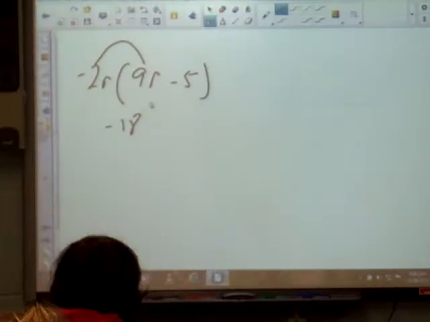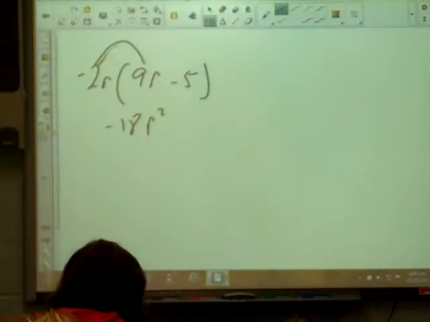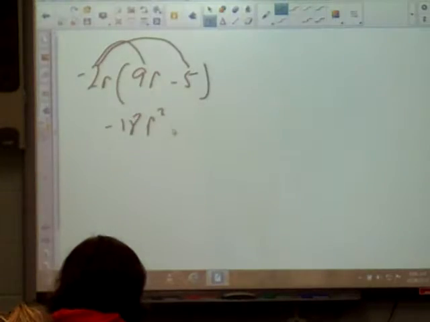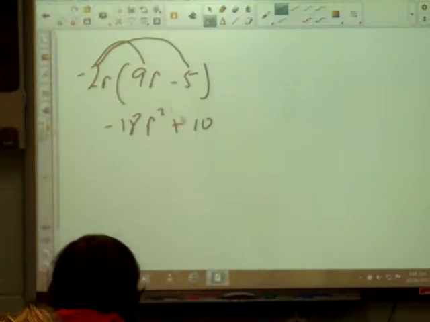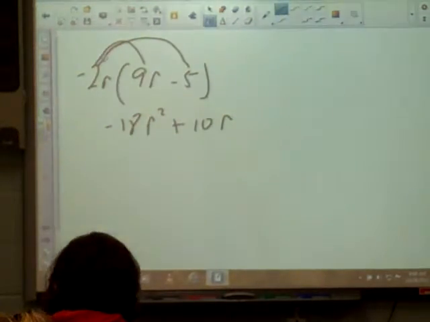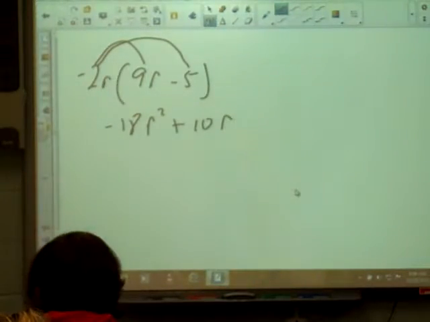And then your r and r, r squared is correct. On the negative 2r times negative 5, you can do your signs different ways. I go ahead and say a negative 2 times a negative 5 is a positive 10. And then I don't have anything to add my r to, so just the r stays there. That's a monomial times a binomial.